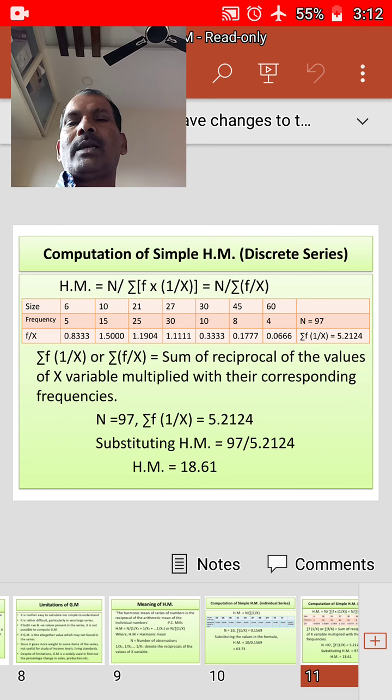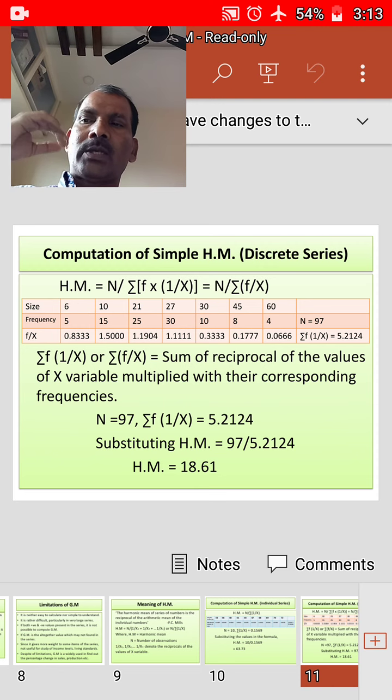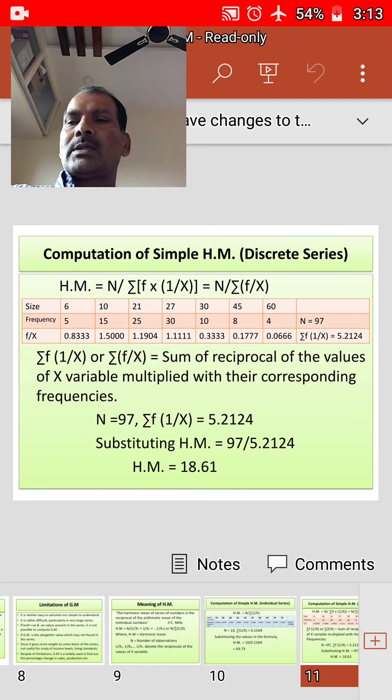Now, f by x: f you know and x you know. For the first, f is equal to 5 and x is equal to 6, so you will get 0.8333.